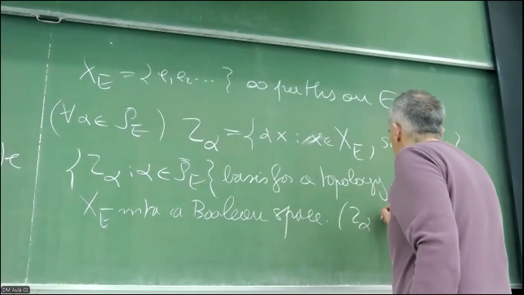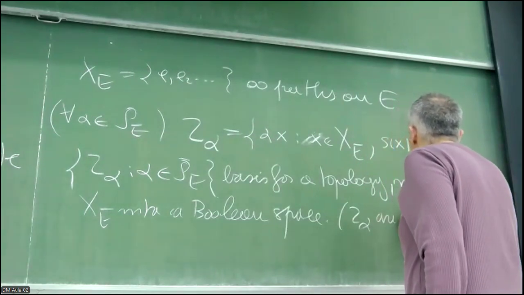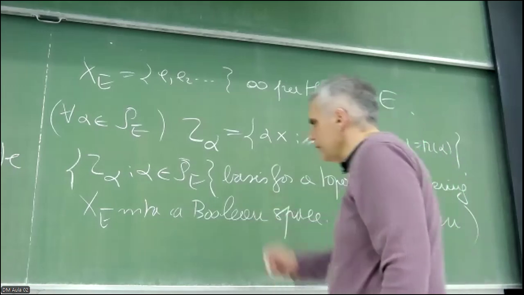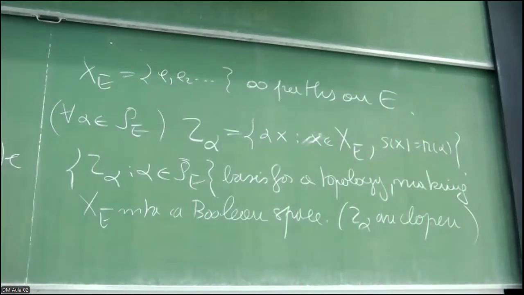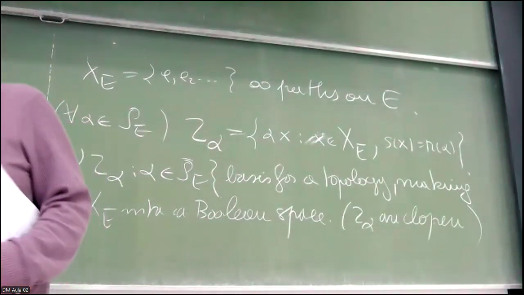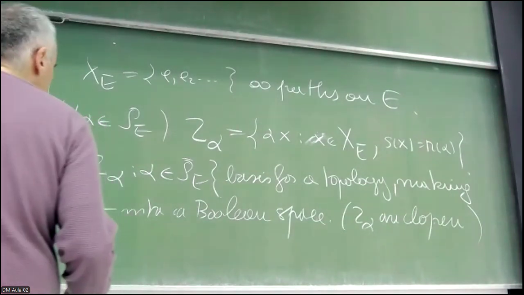The Z_α are clopen. So this is in addition a compact Hausdorff space, and the Z_α are compact and open.